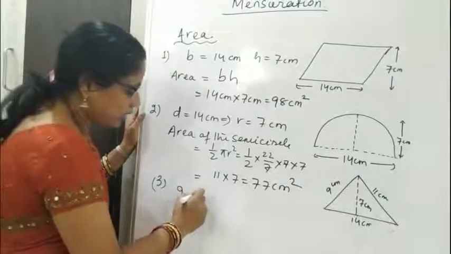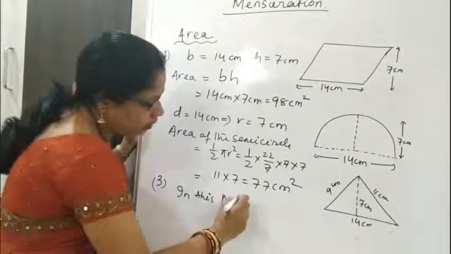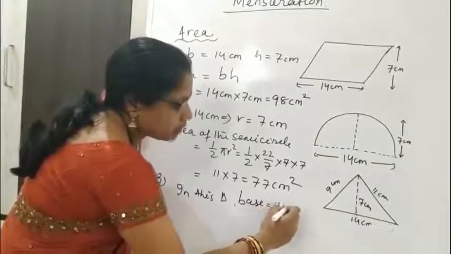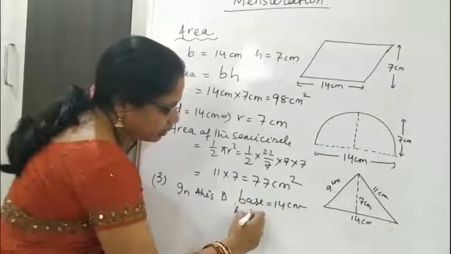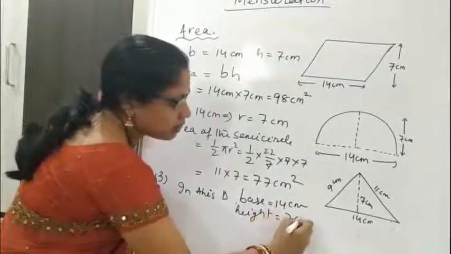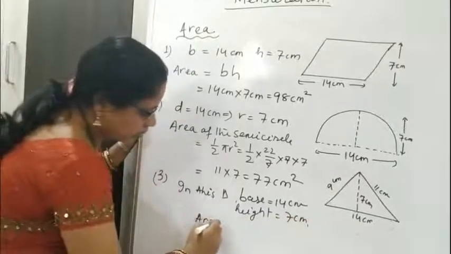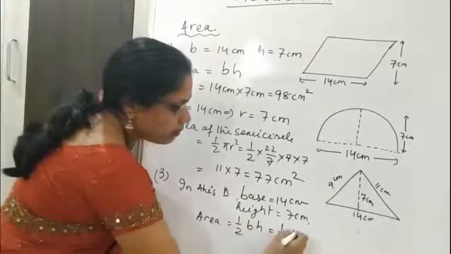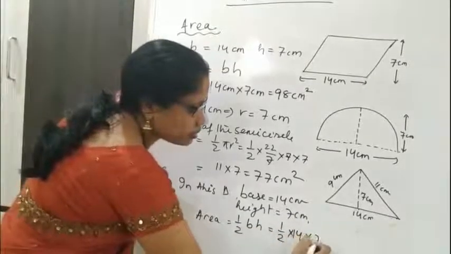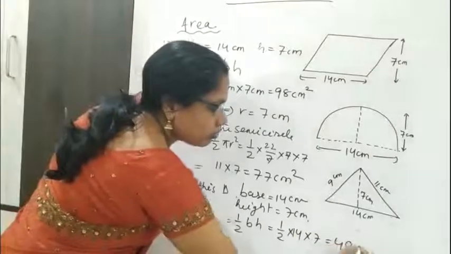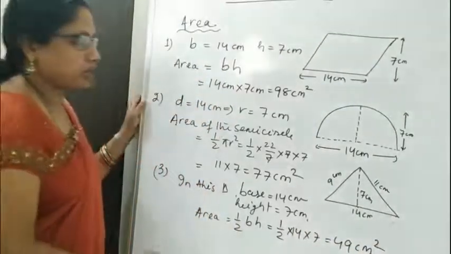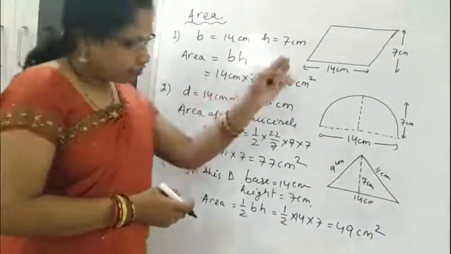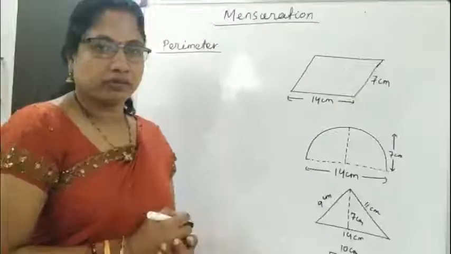So in this triangle, base is 14 centimeter and height is 7 centimeter. So area is equal to half base into height, that is half into 14 into 7. So this is equal to 49 centimeter square.